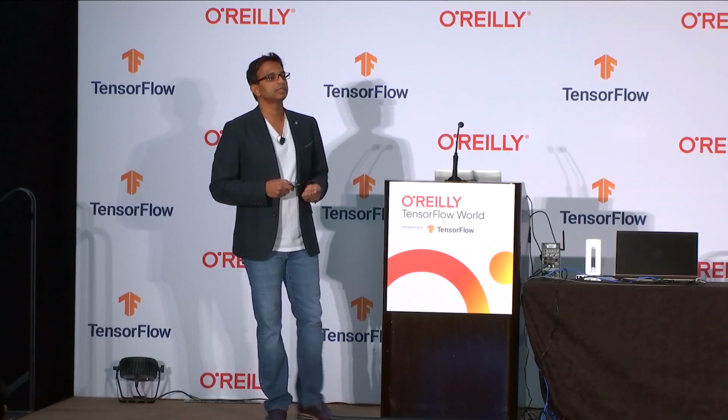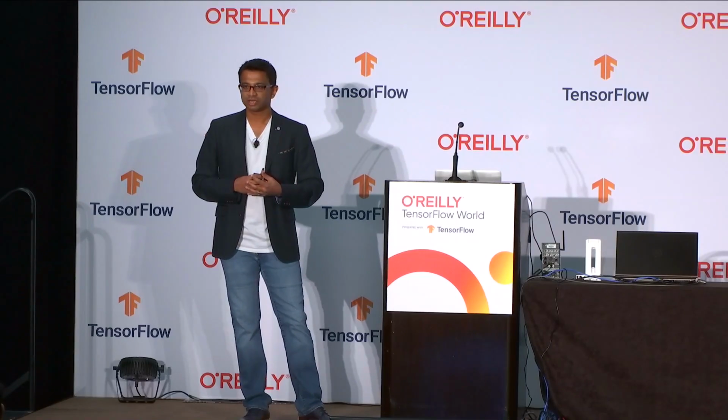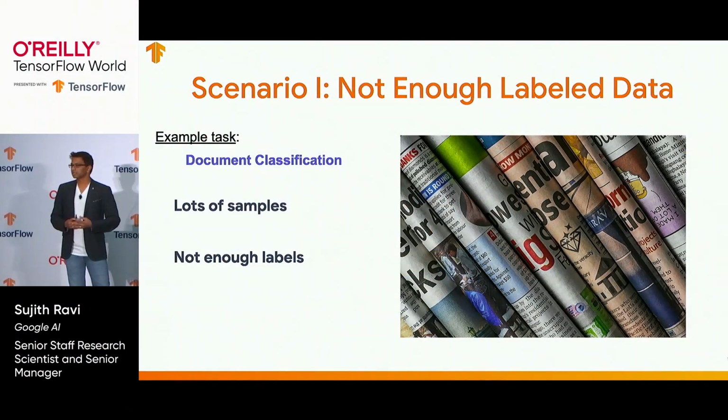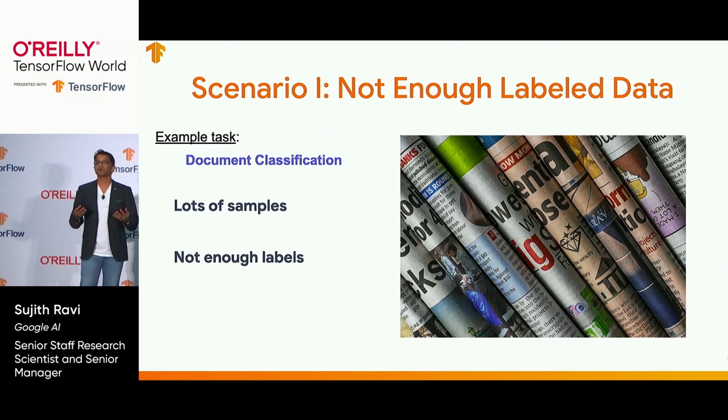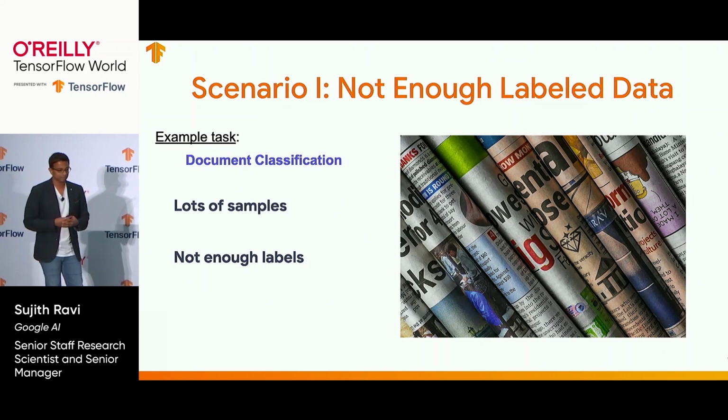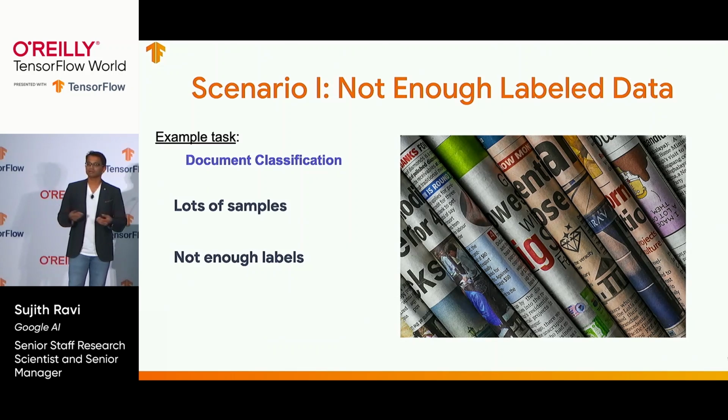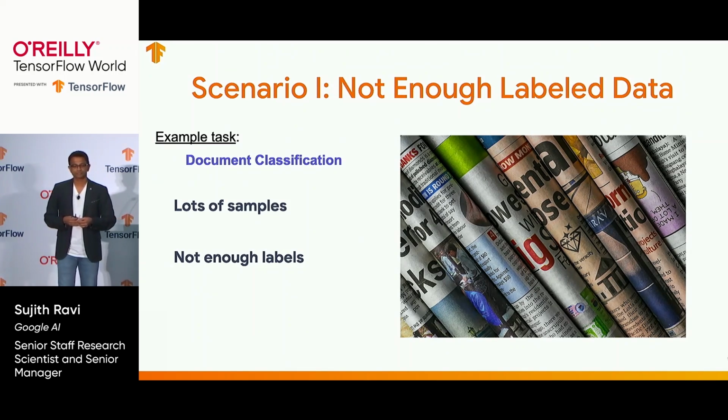So let me dive a little deeper and give you a little more insight into the first scenario. Take document classification as an example. I'll give you an example that you probably have at your home. Imagine you have a catalog or a library of books in your home, and these are digitized content. And you want to categorize them and neatly arrange them into specific topics or categories.